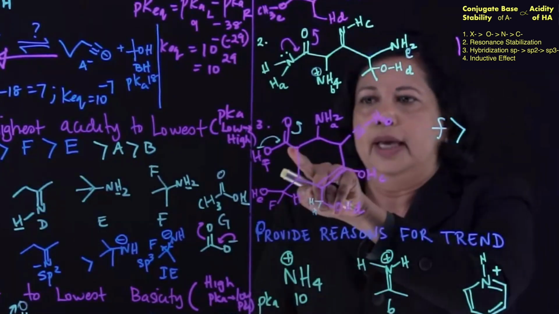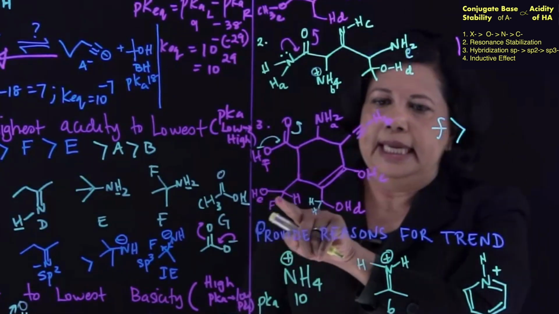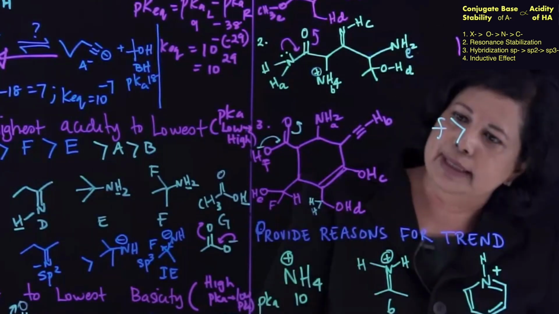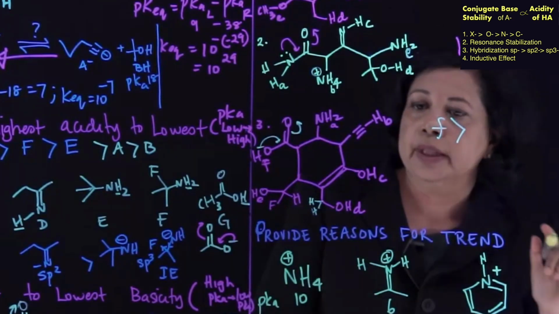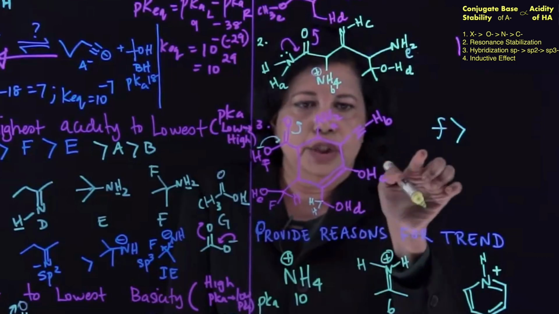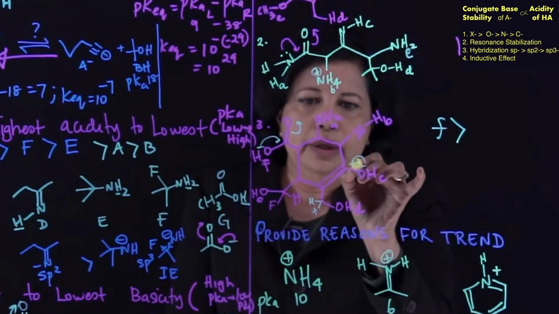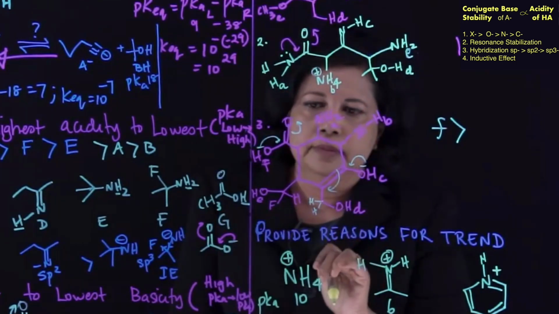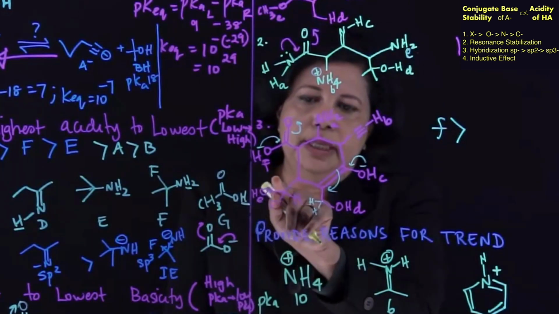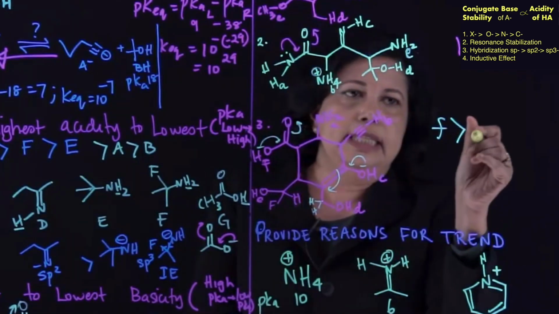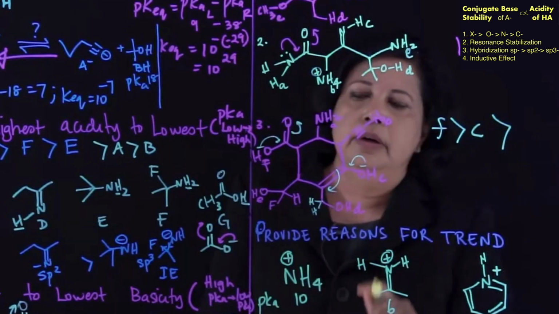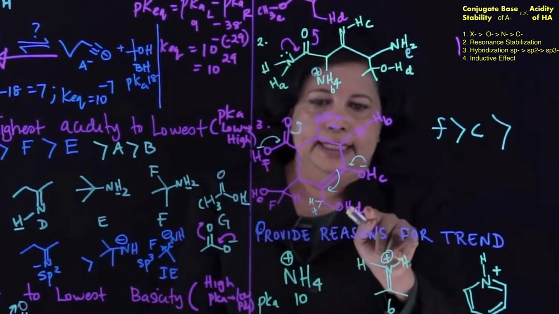So that's the first one. So between E, D, and C, which one's best? Which one's most acidic? If you take off this hydrogen and get an anion, you can do resonance here. Whereas if you take this off, there's no resonance. Therefore, C is going to be a lot better than E or D.